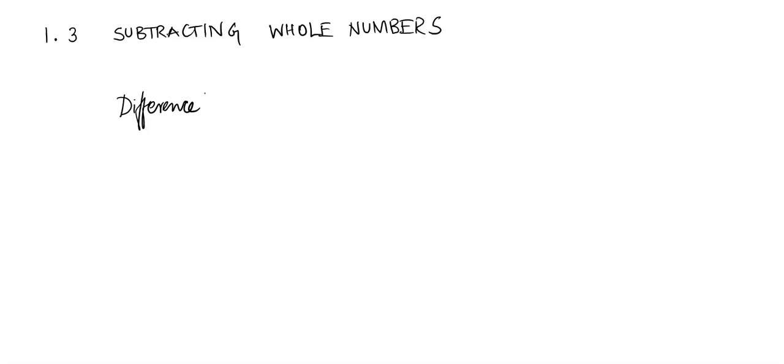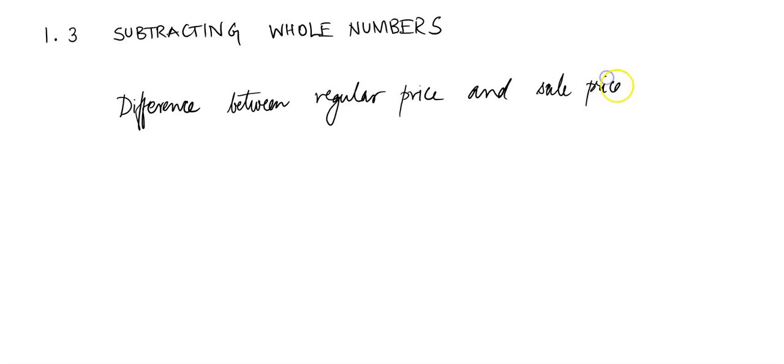So it says, what is the difference between regular price and the sale price? Now if you go back to the table, where, again, when I say go back, I mean that you're expected to have your ebook open when you listen to the lectures.